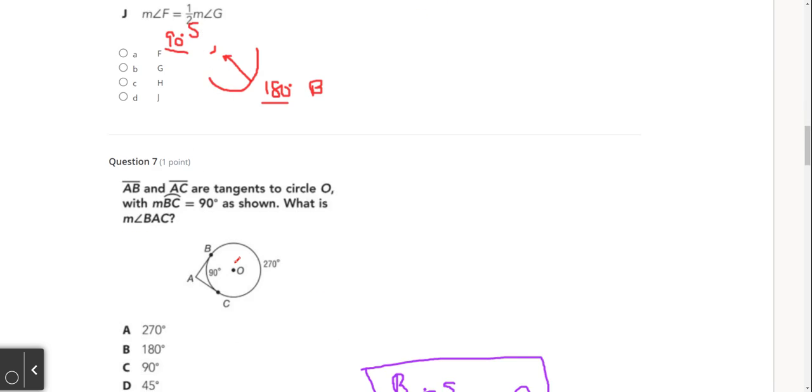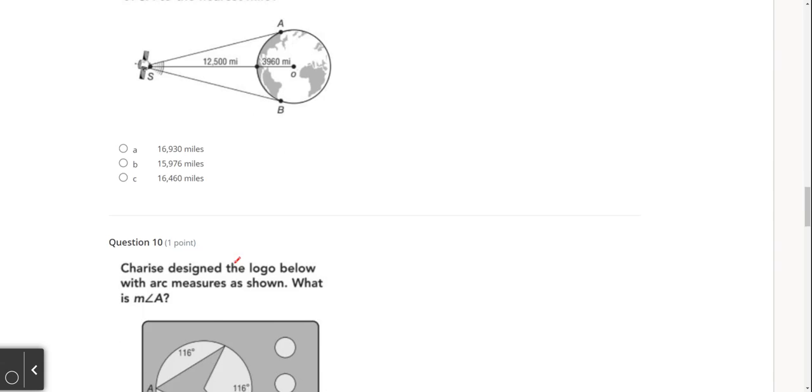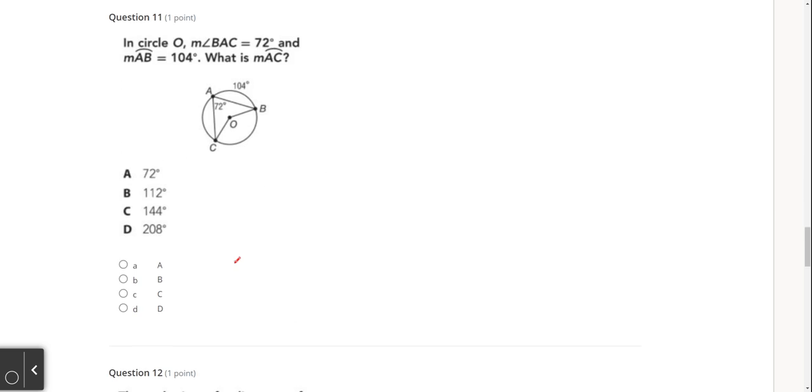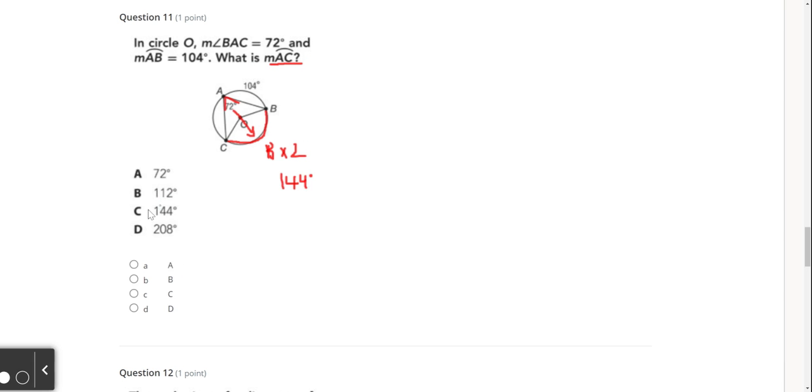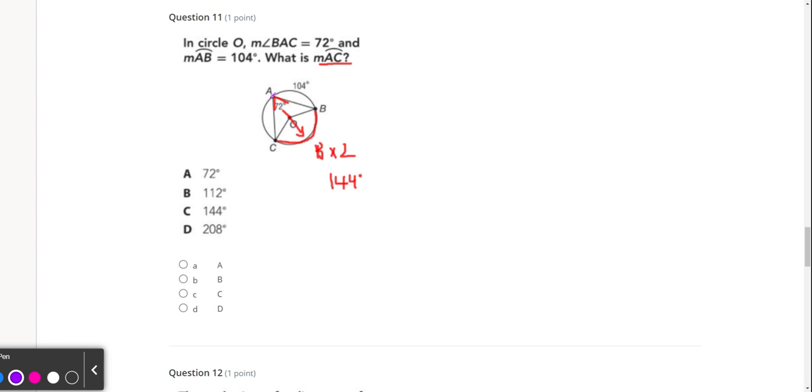Okay, Elijah, you're saying question 11. Let's go look at that. Question 11, if BAC is the angle and it's 72, I know this is inscribed, so automatically I'm going to go out here. This is bigger, right? So arc CD is twice as big. From the angle to the arc, I want to multiply by 2. So that's going to be 144. But then it's asking me for AC. So AC is this piece over here.